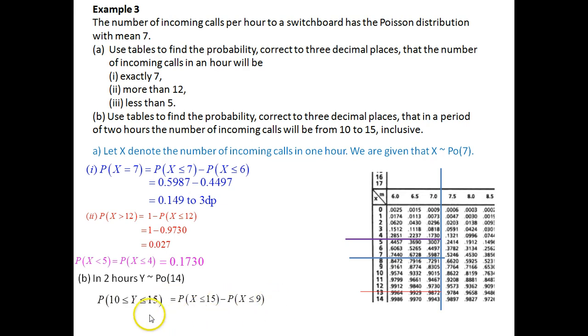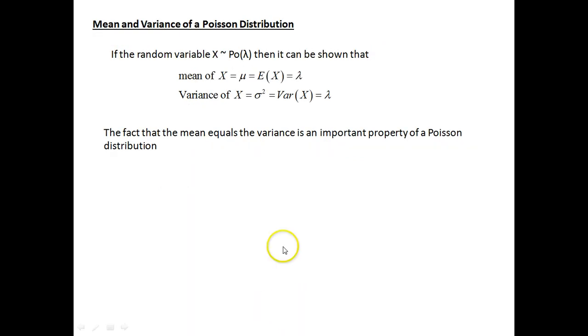Looking up the tables with m equal to 14, we have 0.6694 minus 0.1094, giving us 0.560 for between 10 and 15 inclusive. Be careful of where you're taking your values.